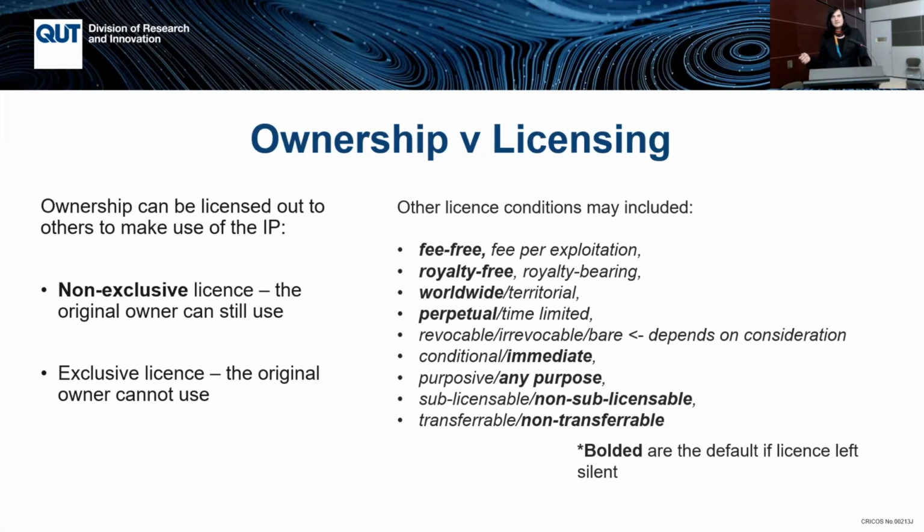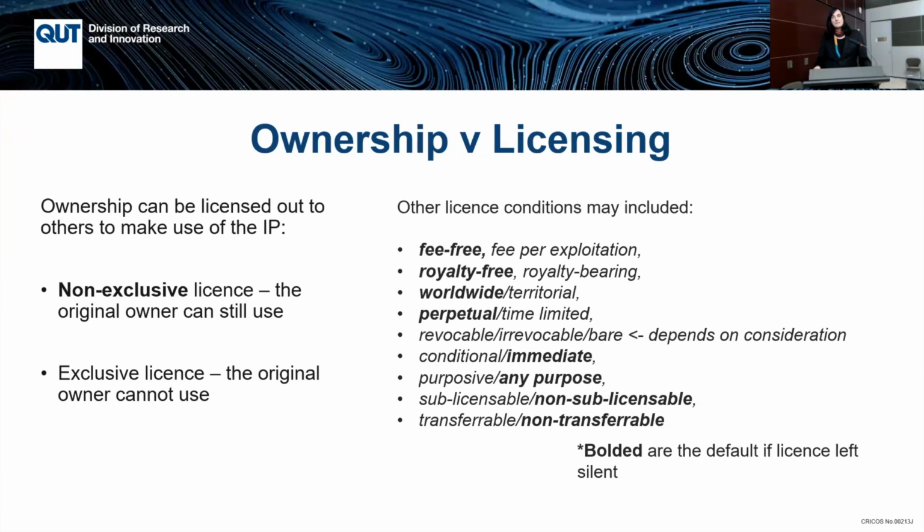A person who gets just a license in IP can expect that that owner will also grant licenses to other people. Unless they stipulate that there's a fee, or a royalty, you'd expect it to be free. If they don't say that it's just in Australia, then you can expect it will be around the world.